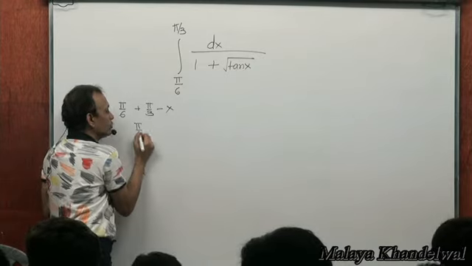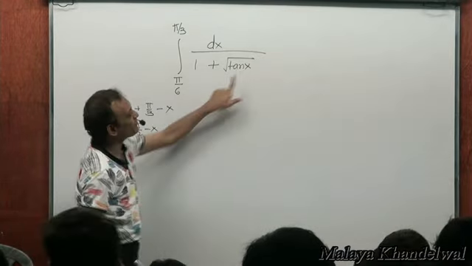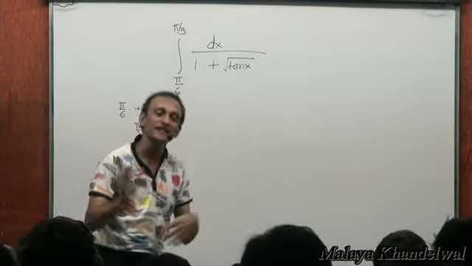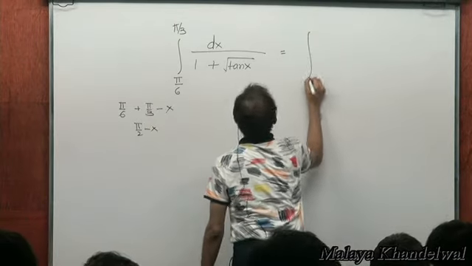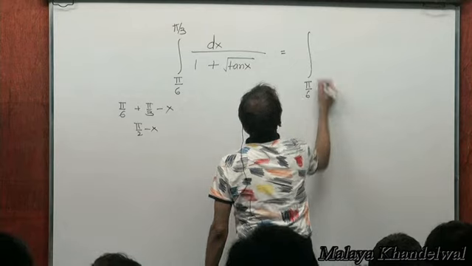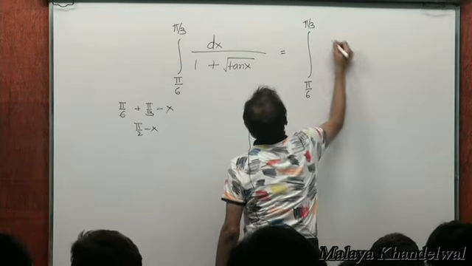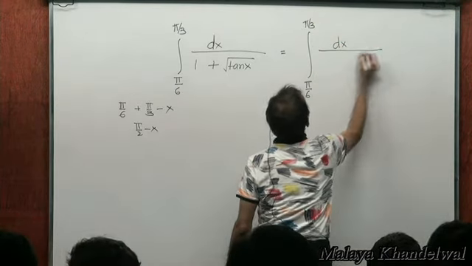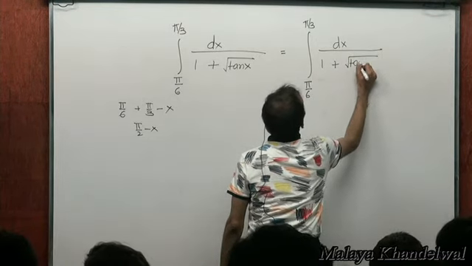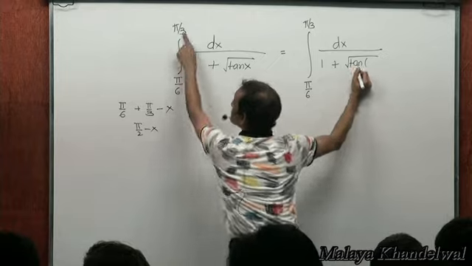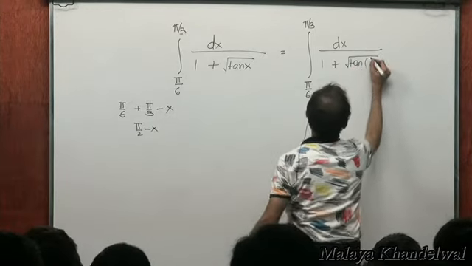This is pi by 2 minus x. So it's as if I'm replacing x by 90 minus x, right? So then the integral from pi by 6 to pi by 3 of dx by 1 plus square root of tan of a plus b minus x, which is 90 minus x.